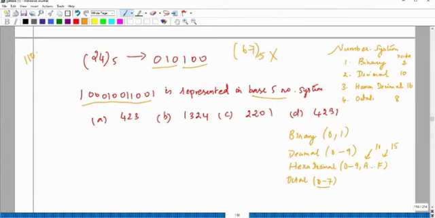Likewise, I need to split the number into 3 bits. 0, 0, 1 is 1, 0, 1, 1 is 3, 0, 1, 0 is 2, and 1, 0, 0 is 4. So which is my answer? 4, 2, 3. B is my answer.